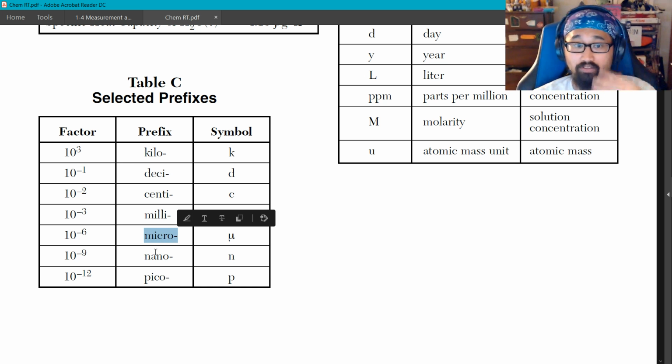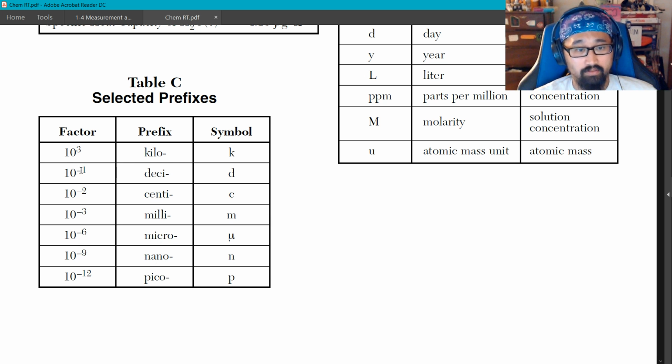Looking at small stuff. So all of these with negative exponents represent smaller units. And the one with the positive exponent is a larger unit. Anyway, here is where you're going to look if you're converting from metric unit to metric unit in the same base unit.